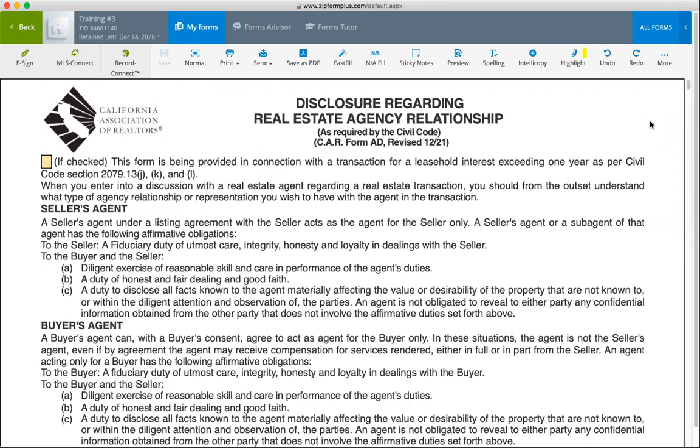I like to train this as like a 30-second form. It's a requirement that we present this to our clients, either our sellers or our buyers, prior to their executing any other documents. And I think the language is to be presented as early as possible in our relationship with the client.